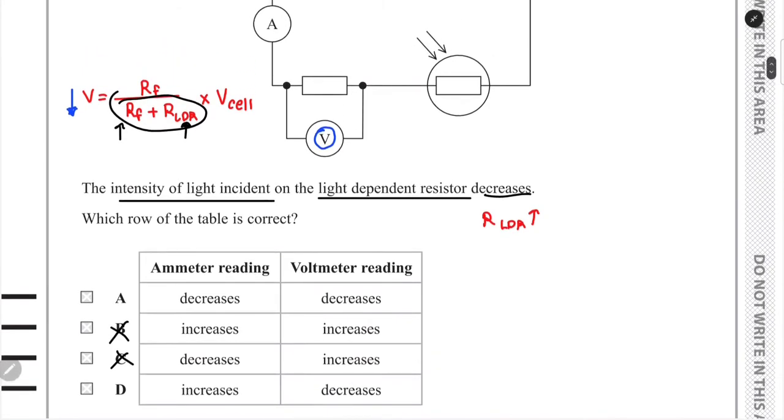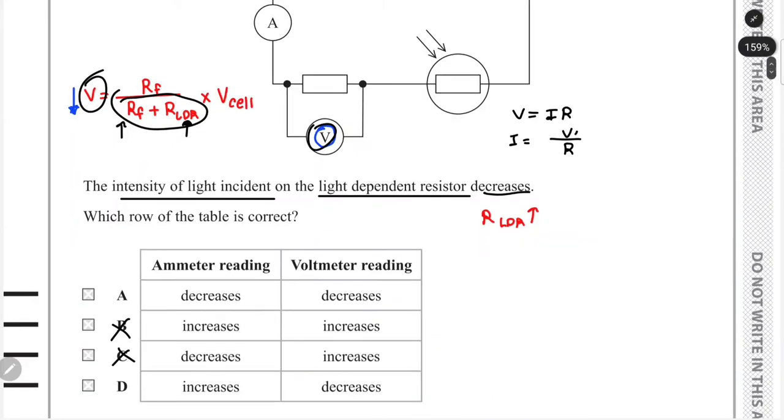Now in this case, if I use the equation V equals IR, I'll make I the subject. We have the equation V equals IR, I is equal to V divided by R. The total voltage of the circuit, this is not this V. This V over here and this V over here is different. This is the V cell value.